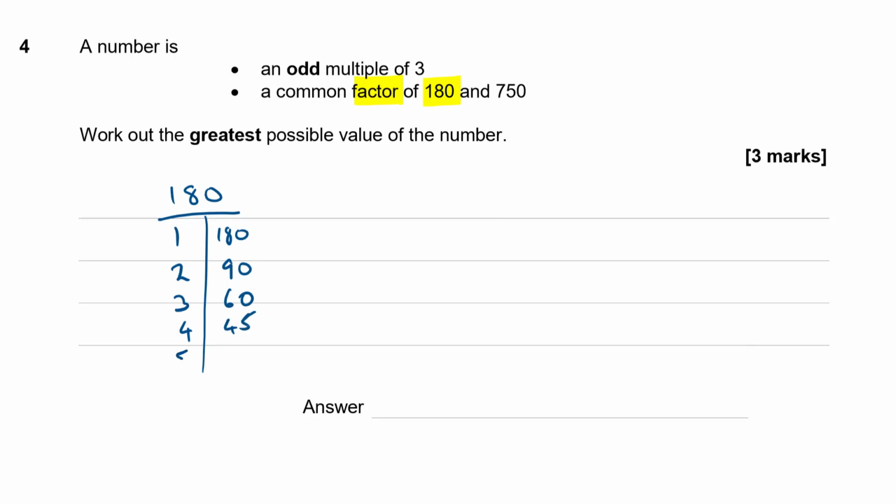About 5. 5 does, ends in 0, so it must be divisible by 5. So 180 divided by 10 is 18, so double it is 36, isn't it? Are we done? I don't know. Let's keep going. 6, it's got lots of factors, this thing. 6 goes in, doesn't it? Because 6 goes into 18 3 times, so it must go into 180 30 times.